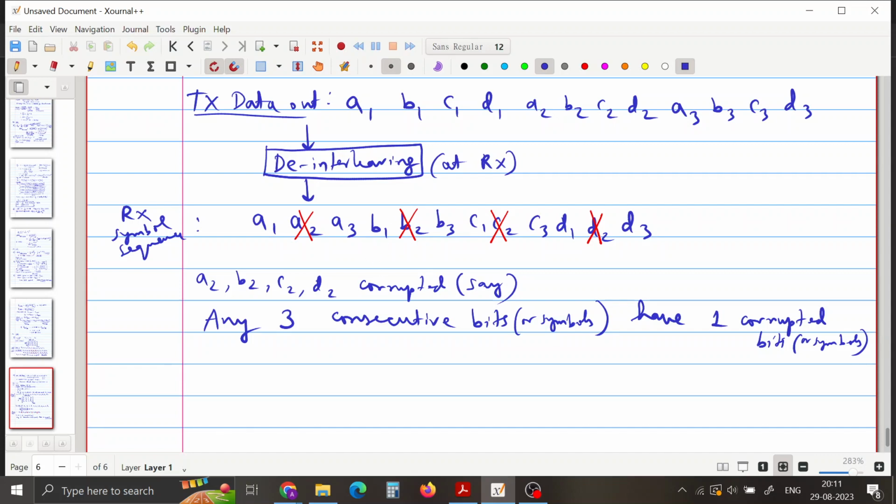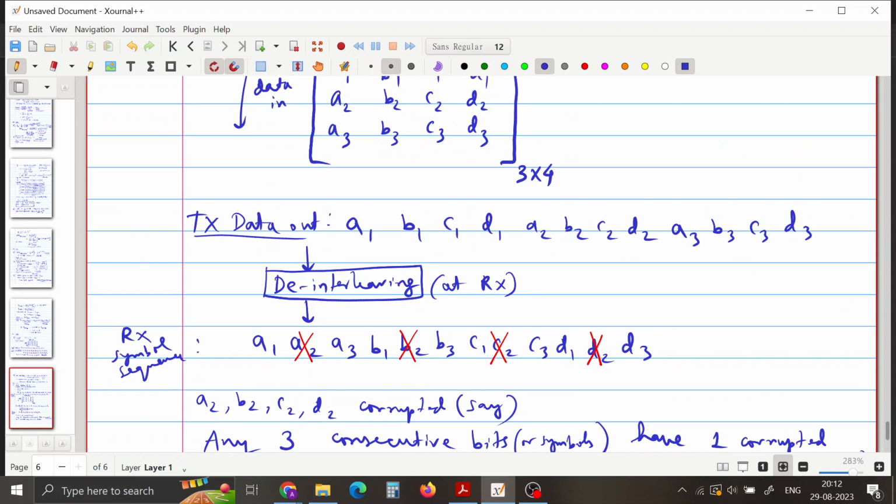So any string of 3 bits or 3 symbols will have only one corrupted bit or symbol, and that is easily correctable using my 3,1 FEC decoder, based on the definition.